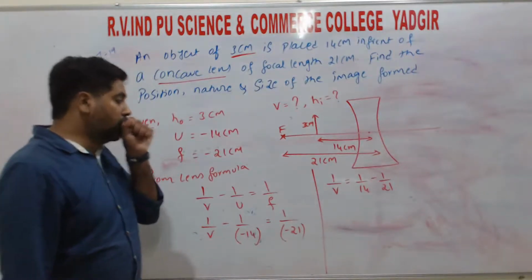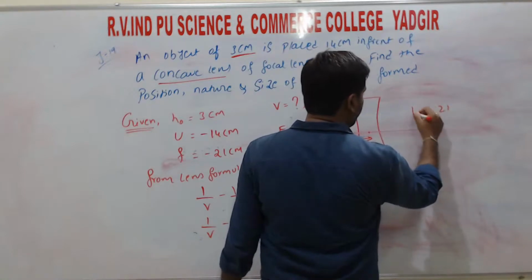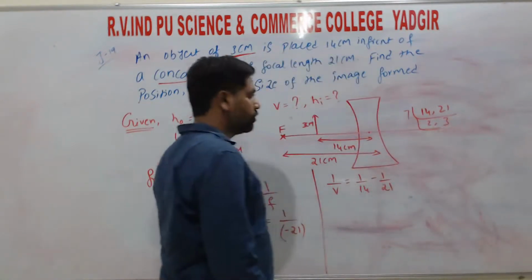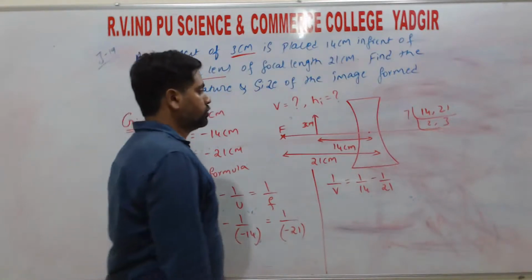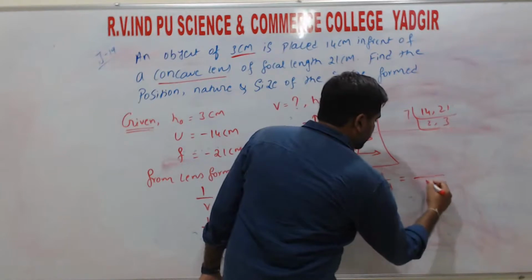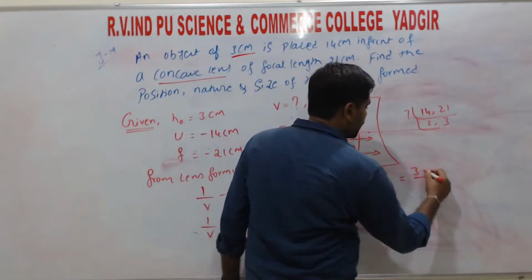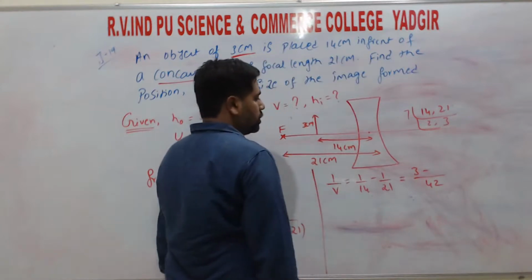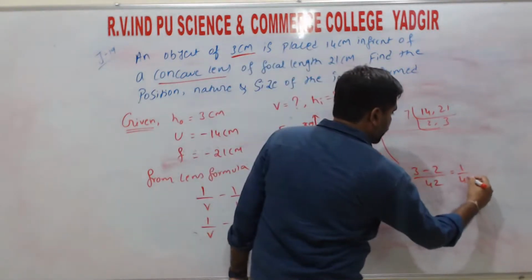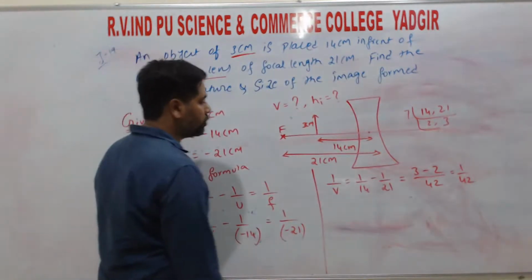We can take the LCM of 14 and 21, which is 42. Then 14 gives 3 minus 21 gives 2, so 1 divided by 42.